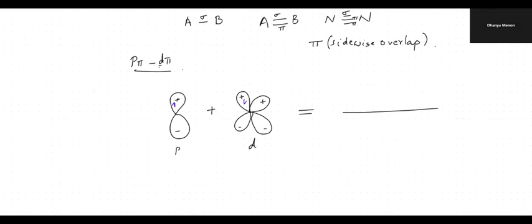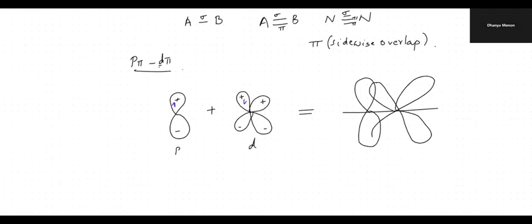Sorry, I'll draw once again. I'll draw a bit bigger. These are the electrons I would show over here, two electrons, okay?